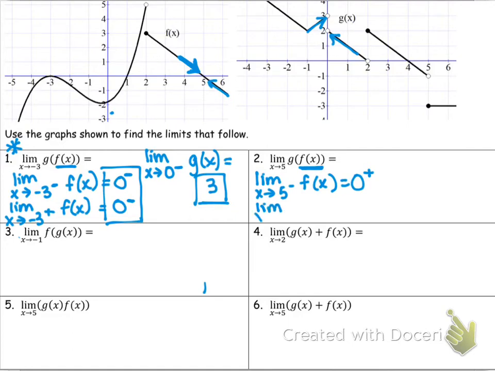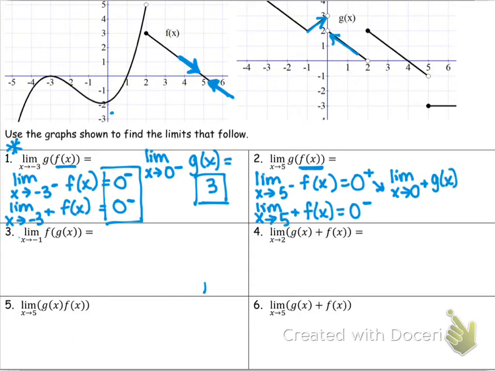So our limit as x approaches 5 from the right of f of x is 0, but we're approaching 0 from values less than it, or the negative side, the values below the y-axis, and so we're approaching 0 from the left side. So now when I go to this graph over here to find the limit of g of x, I'm first finding the limit as x approaches 0 from the right side, because that's what this 0 plus sign tells me.